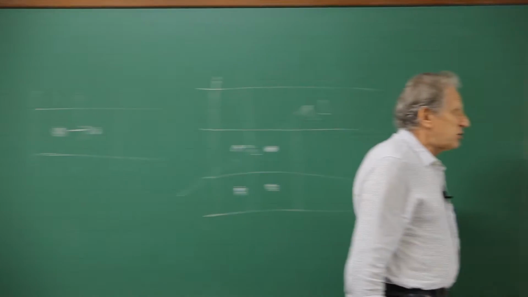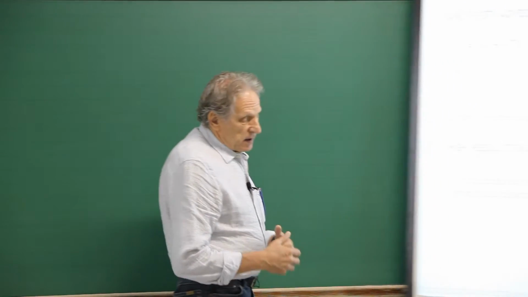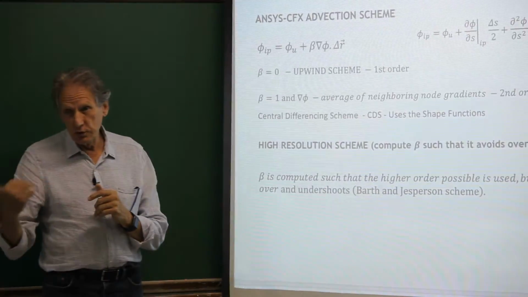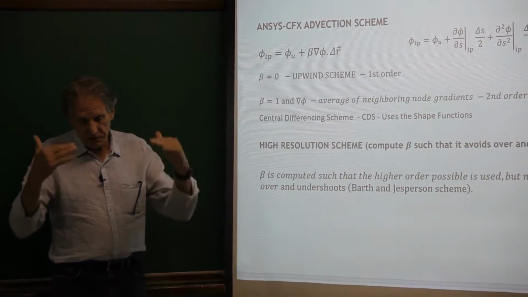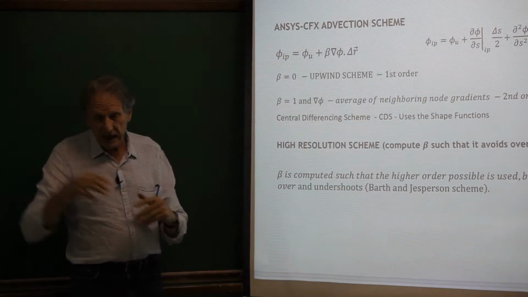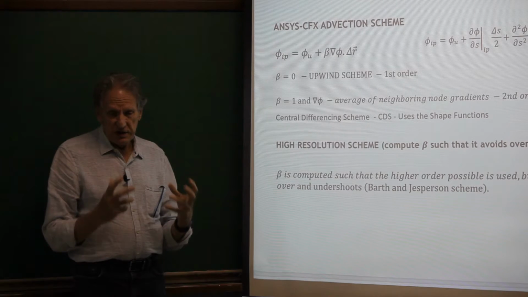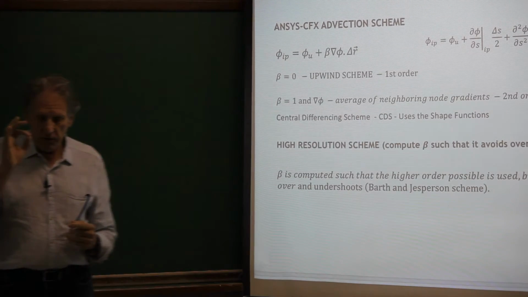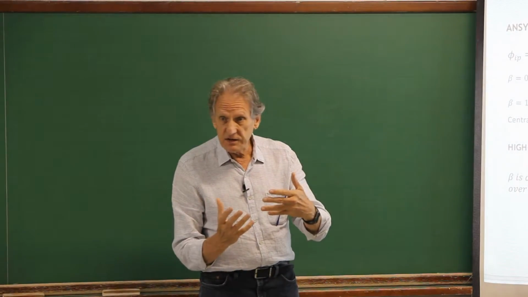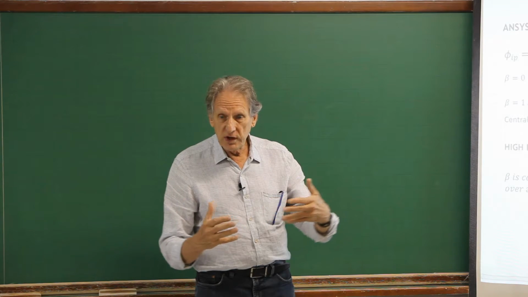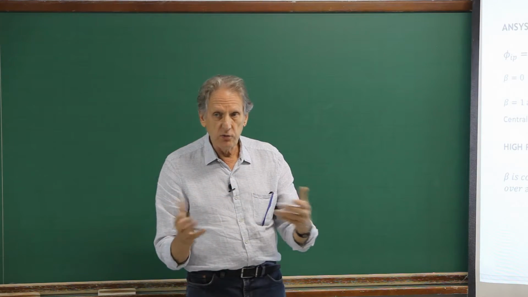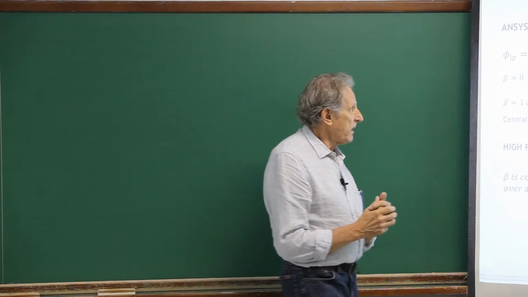Still talking about the advection schemes. This one we just finished, this family, and Raw and Schneider, which is the idea of having positive coefficients, in the idea of having the mass flow weighted schemes. This is the only way to have positive coefficients.